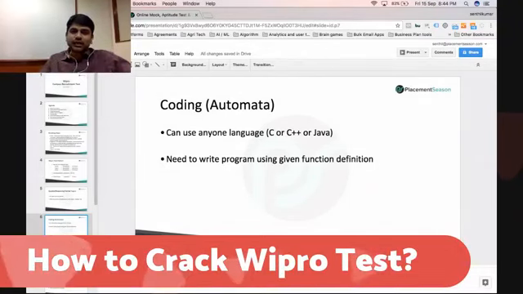They concentrate more on the functions, on how you write the functions for those programs, than on other parts. They will have already given the definition for the functions, and you will have to write as per that. That's one slight difference that we have seen in Wipro's coding test this year.